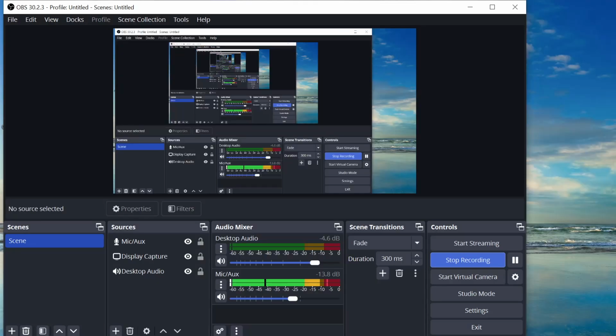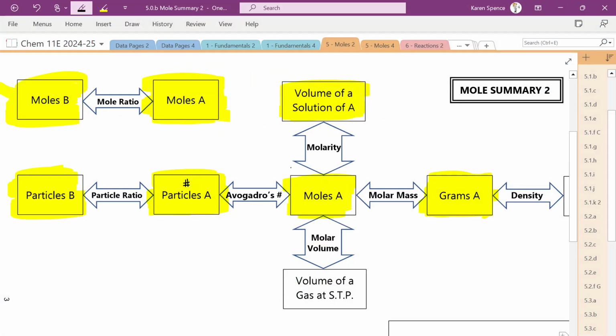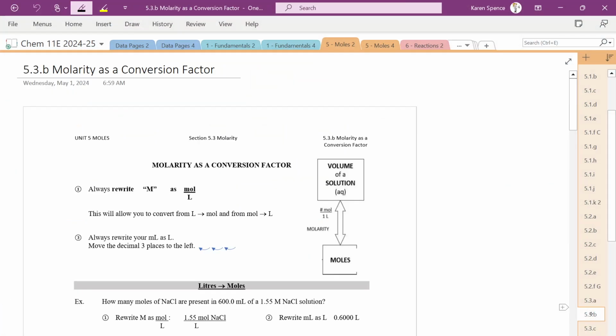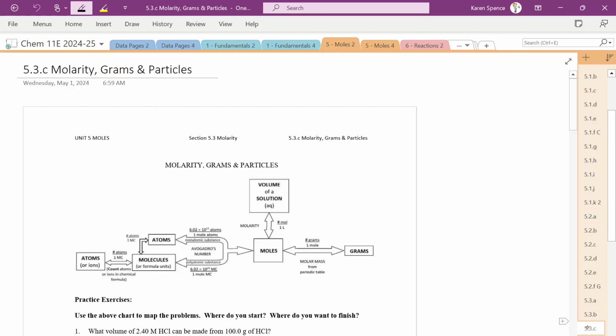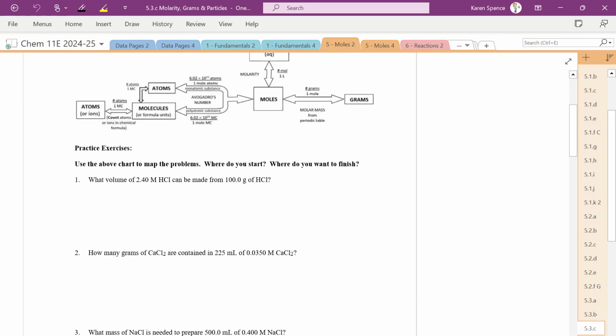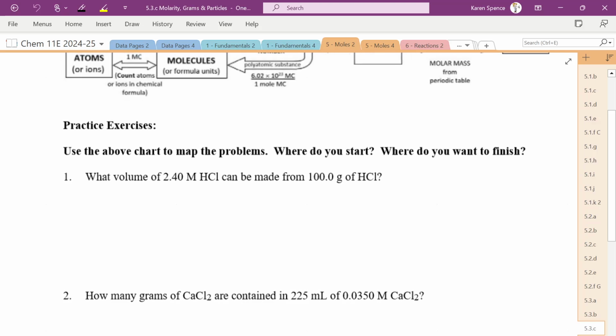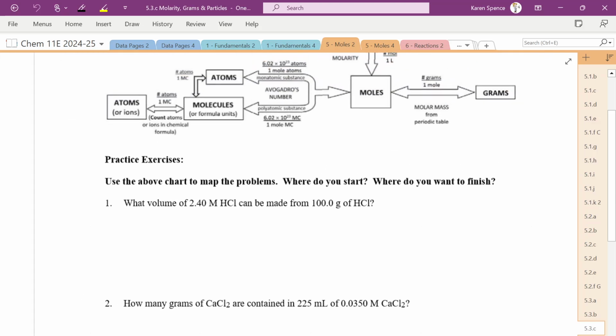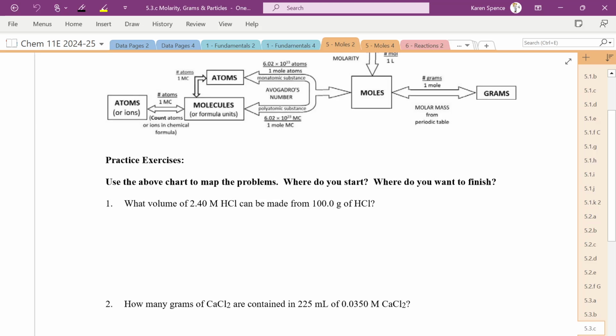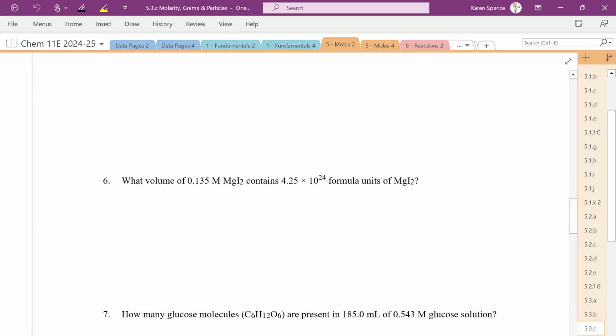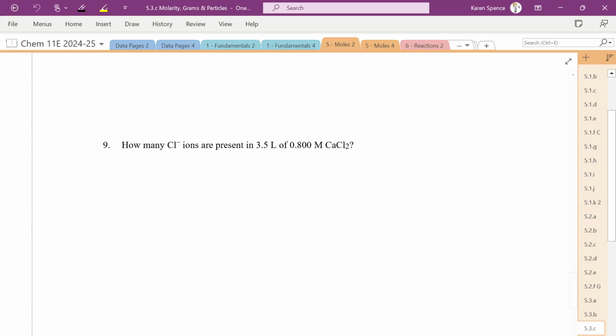Okay, back here. So again, we're not going to spend time doing this. I'll give you maybe a little bit of time at the end of class to work on it. So all right. 5.3c is homework. 5.3b is optional.